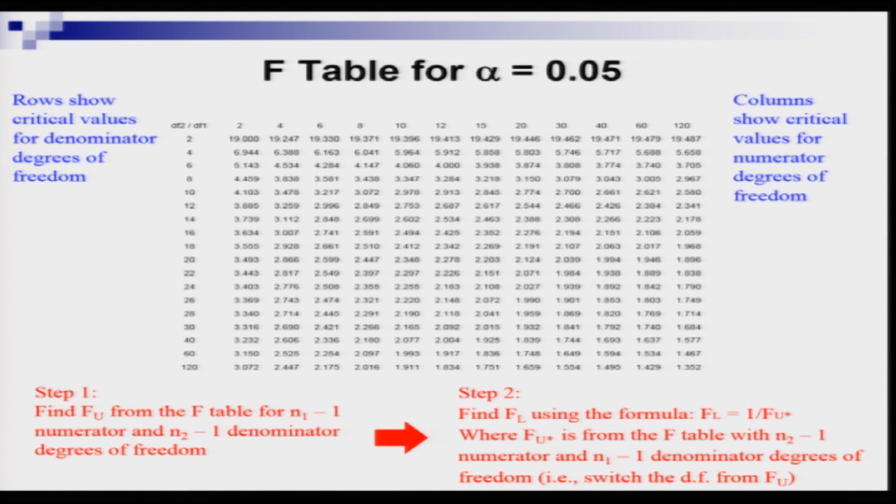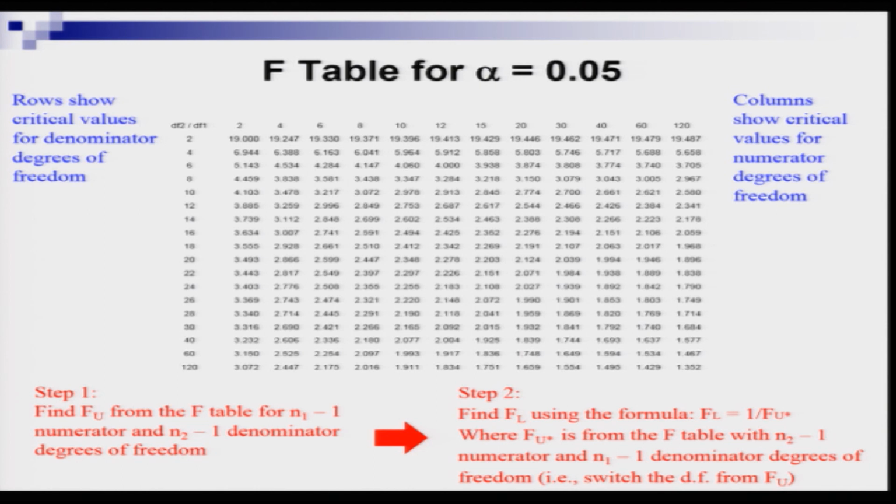So, as I told you 2-3 slides before, you have to first look at the column, and then you have to come down the rows, and then you have to refer to the denominator degrees of freedom. So, that is the way you have to read the table, but this is the table for a right tailed test, right. So, if you now have to conduct the two tail test, how do you proceed?